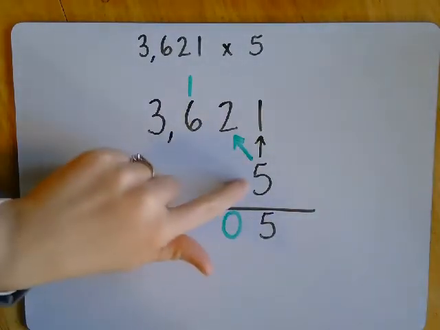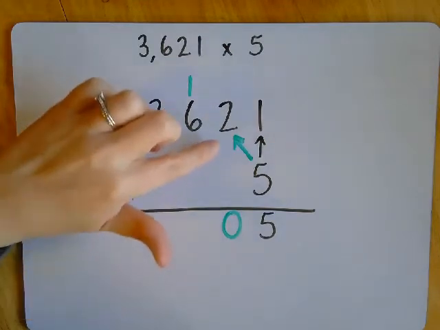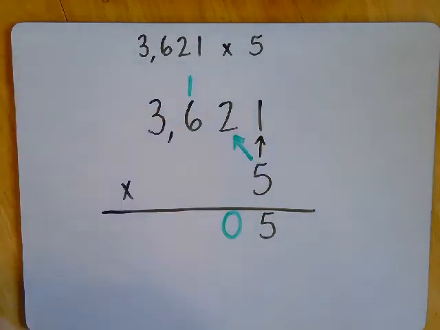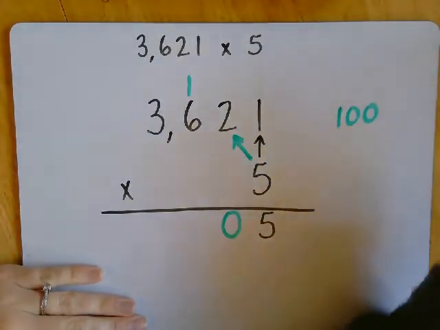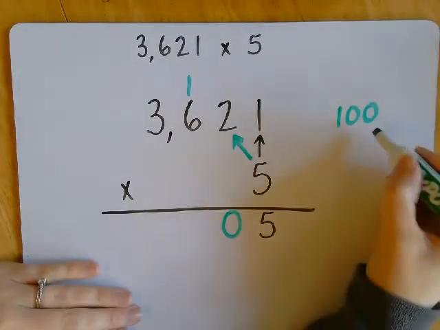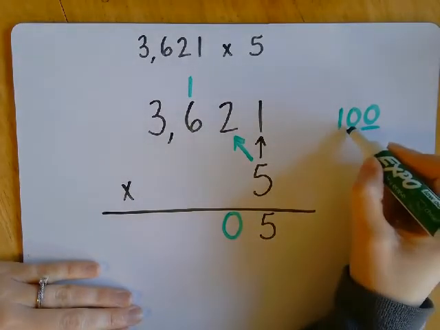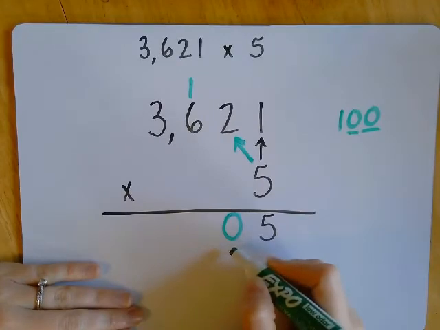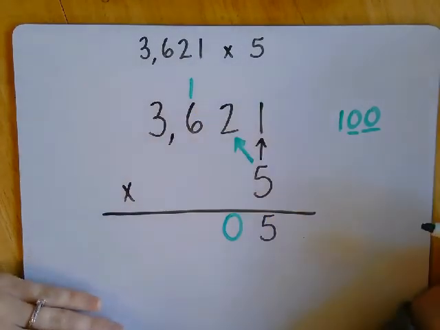So I know that I said 5 times 2 is 10, but if we remember that this is actually 5 times 20, 5 times 20 equals 100. So I can imagine that there's a 0 in the ones place, there's going to be another 0 in the tens place, and then that 1 gets carried to the hundreds place.